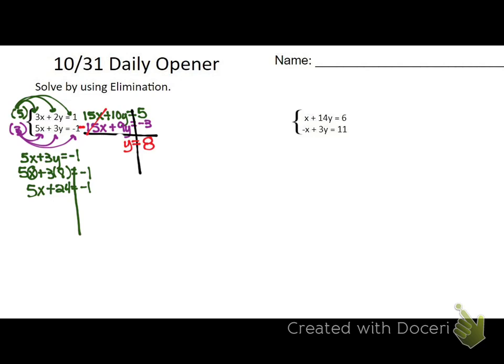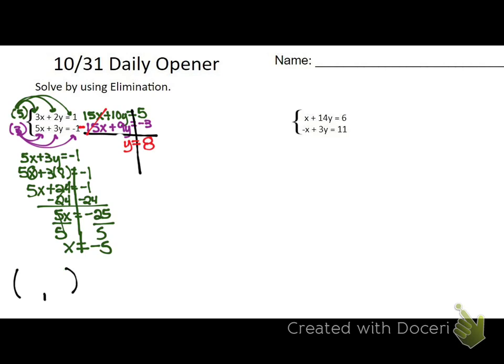Minus 24. So then 5x is going to equal -25. And then x is going to equal... We are on a roll. Ordered pair?